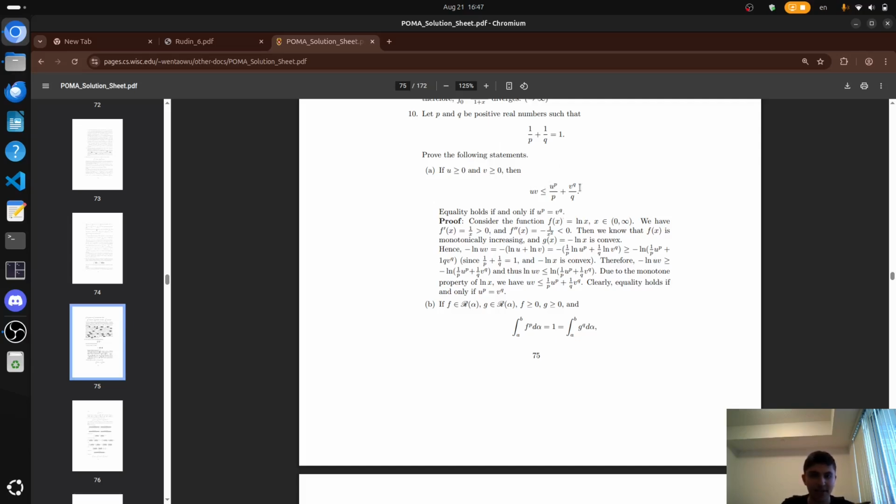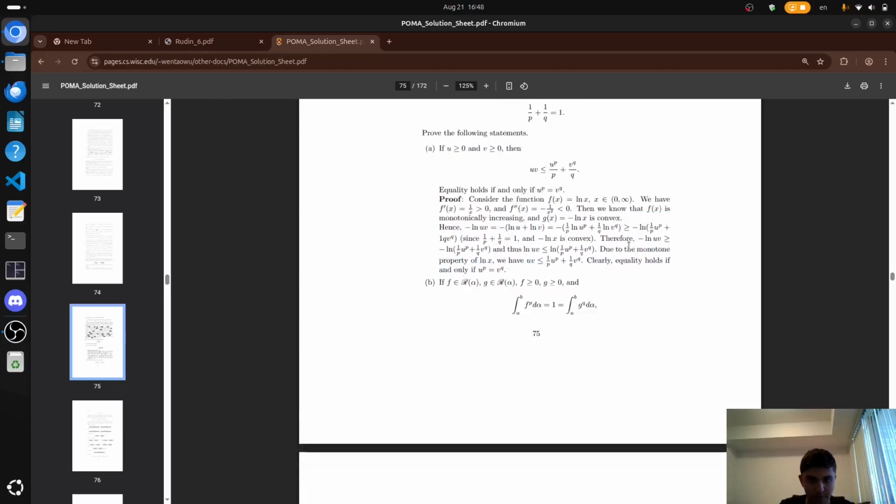And how we do this is we use the function f of x equals ln of x, and we know that g of x equal to negative ln of x is actually convex. So we apply it on both sides, and we get that uv is less than or equal to 1 over p u to the p plus 1 over q v to the q.